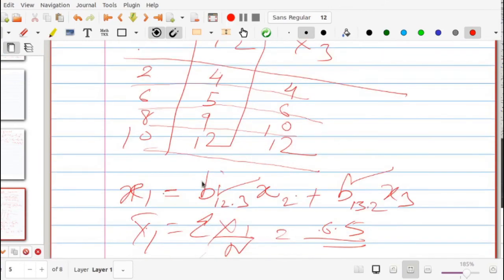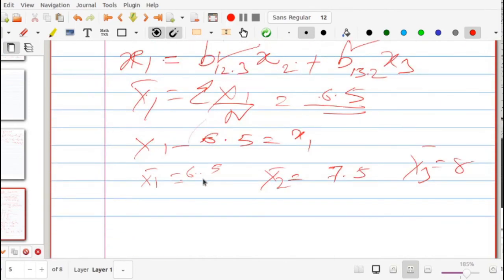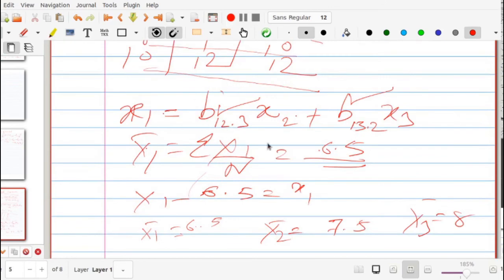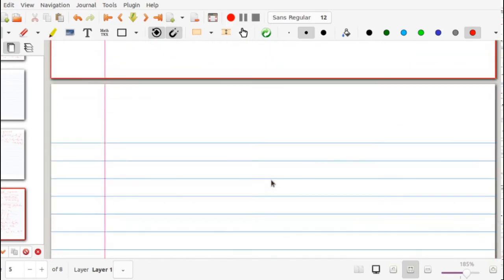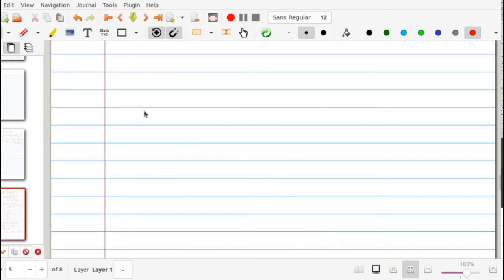To solve these kind of problems mathematically, you need to find out, as I said, regression coefficients and the correlation coefficients. So what all you need to find out? You need to find out this value. You need to find out this value.